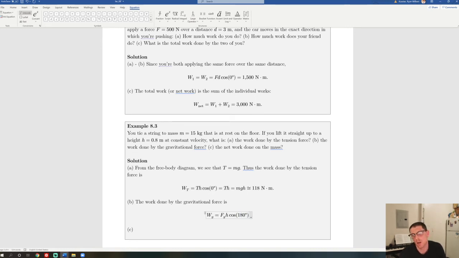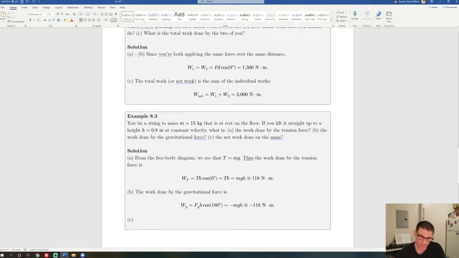Now cosine of 180 degrees is -1, so this works out to be negative mgh, right? And I suppose I don't even have to put the numerical value in here, but I'm going to, and we see that this is negative 118 newton meters.